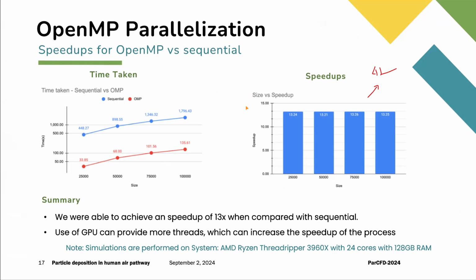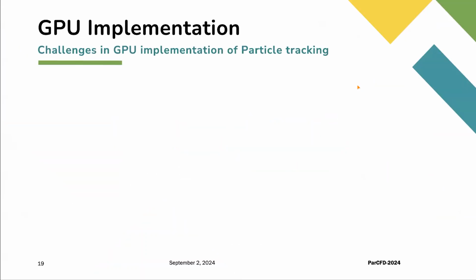The idea behind the parallelization was that each particle is handled by one of the OpenMP threads, so this particular number is restricted. However, on GPU, we could have a larger number of threads at our disposal, and if we could write effective algorithms, we should be able to get the most out of the performance available on the GPU. Okay.